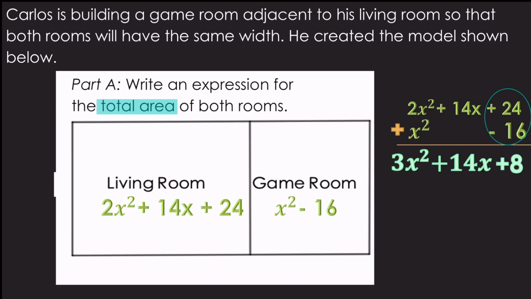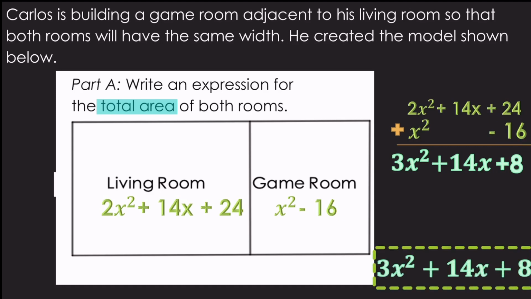You have now added your two rooms. So that right there is your total area. That is the answer you would type in on an assessment or find in the multiple choice options, whatever the question might be.